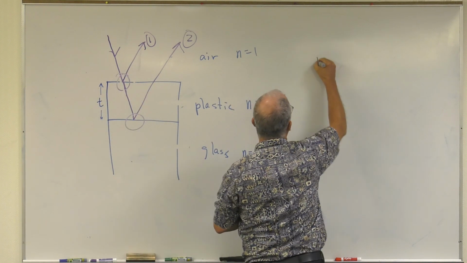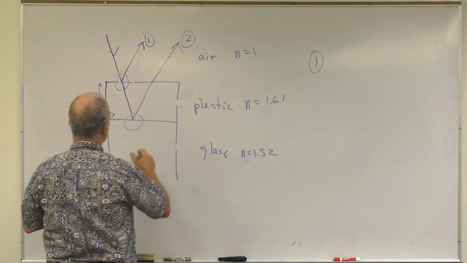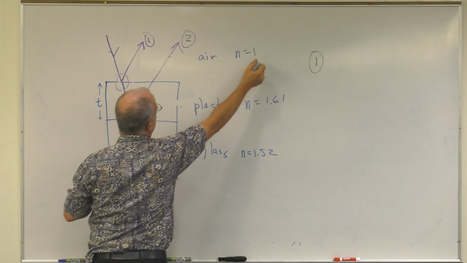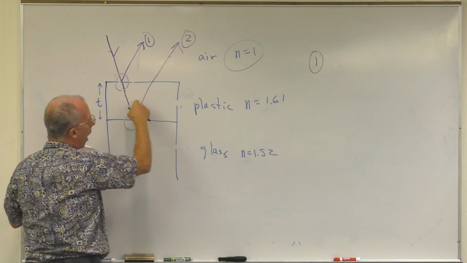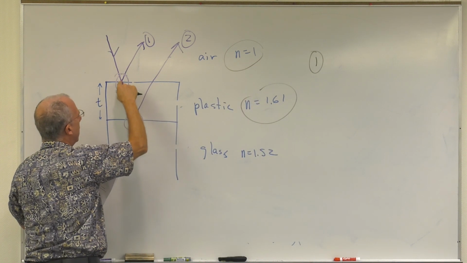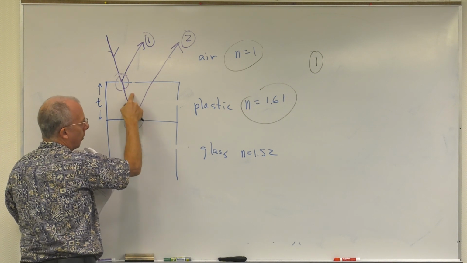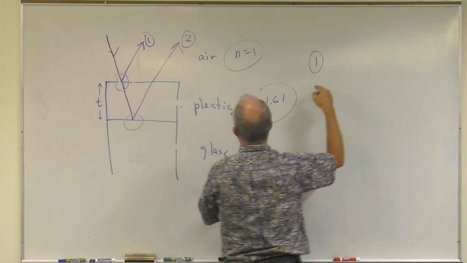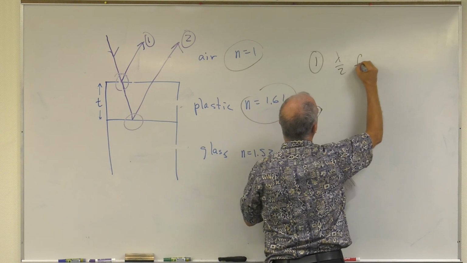So light ray number 1 goes from small n to larger n. Agree? So it goes from air and reflects off of the plastic. So n equals 1 to n equals 1.61. So ray 1 flips. Lambda over 2 flip.